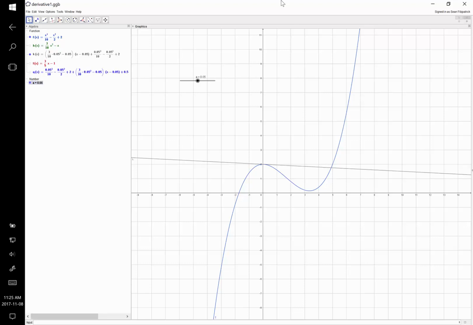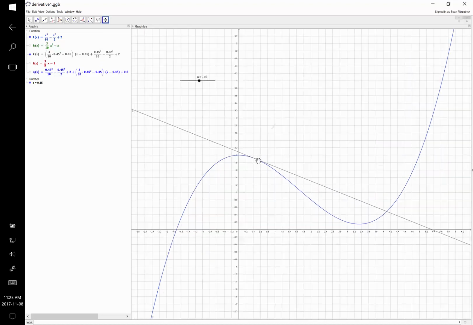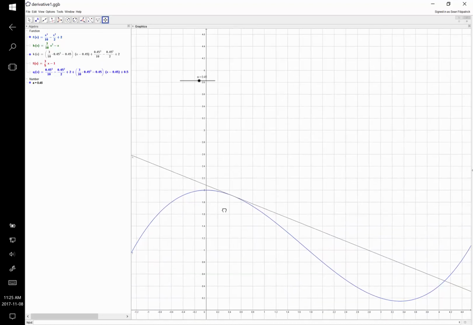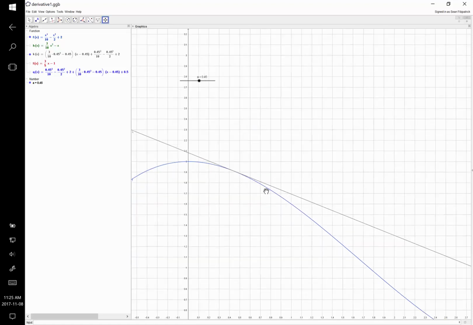But as long as I don't move too far away from that point, when I look at that tangent line approximation, if I zoom in on that point, we can see that there's not a lot of distance between the tangent line and the curve. So even moving out by 0.1, by 0.2, by 0.3, it's not too bad.